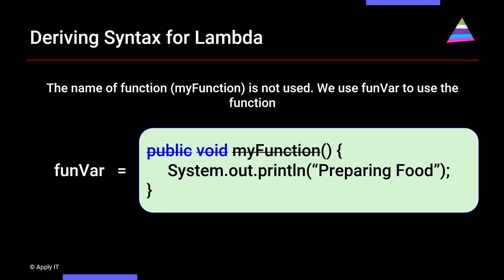We are going to use the fun variable to access this value. Like in our example, we assign 100 to a variable, then we are not going to use 100. We are going to use the name of the variable to refer to that 100 value. In the same sense, once we assign this function or method to a variable, we are going to use that variable to access this function. So the name of the function is also not required. So we just discard it.